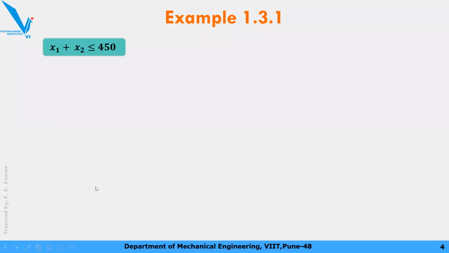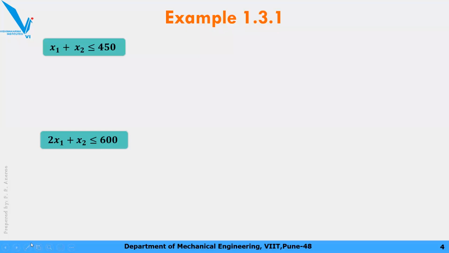Okay, so the first constraint is x1 plus x2 less than or equal to 450. The second constraint is 2x1 plus x2 less than or equal to 600. Now we need to plot them on the graph paper. For this we'll do one small exercise and get 2 points.